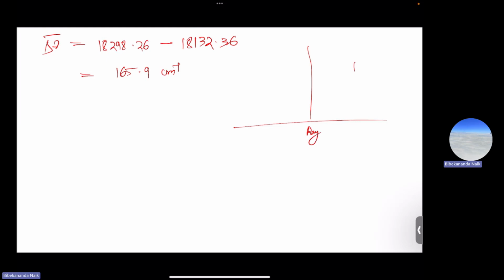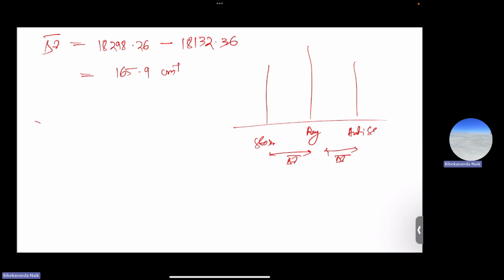Now, if we consider that this is the Rayleigh line, this is anti-Stokes, and this is Stokes. So the difference is delta nu bar. Again, here the difference is delta nu bar. So since Stokes line and the Rayleigh line have difference in wave number of delta nu bar, which is 165.9 centimeter inverse, similarly, the anti-Stokes line will be placed at the value of delta nu bar higher than the Rayleigh line at the central line.